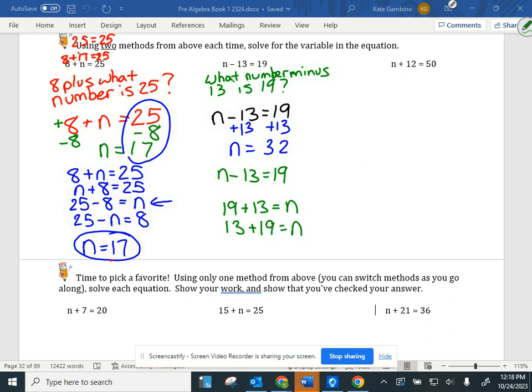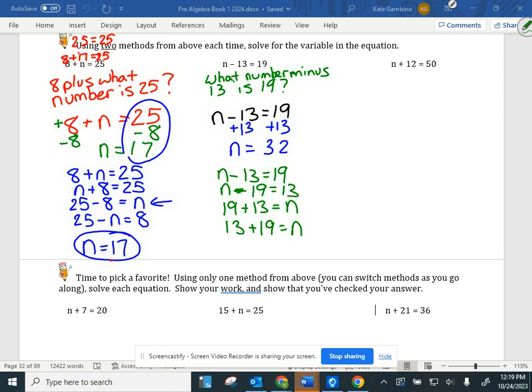So what is that other subtraction that I'm missing? Emerson? n minus 19 will equal 13.